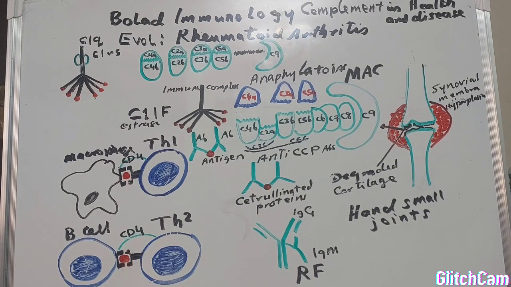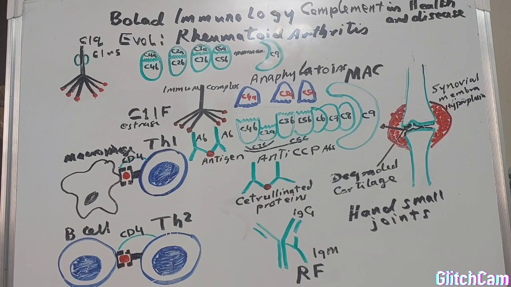However, with these anti-cyclic citrullinated peptide antibodies, the test or detection of these could be in early stage of rheumatoid arthritis. So these antibodies have predictive value even before appearance of symptoms.